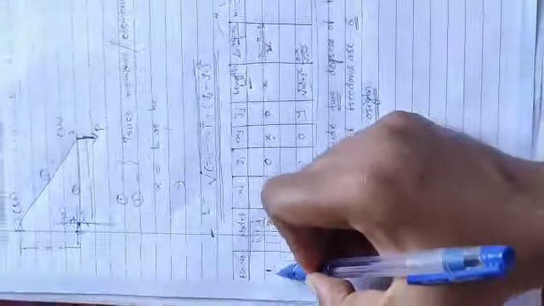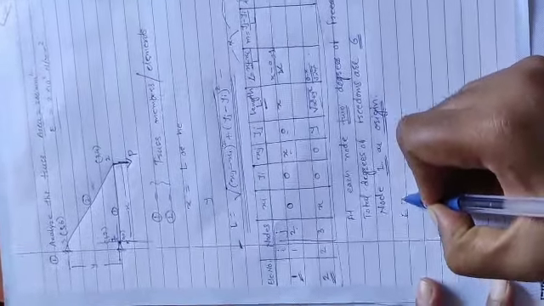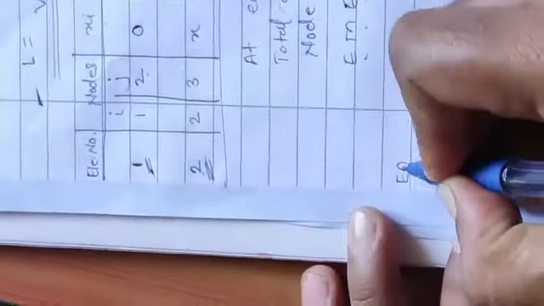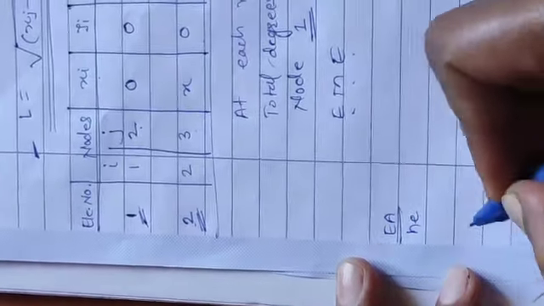After getting this total table of all values, the next step is to write the element matrix equation. Total number of elements are 2, so we will write 2 element matrix equations, and the general element matrix equation is, just write EME, element matrix equation, and this is EA by h e.